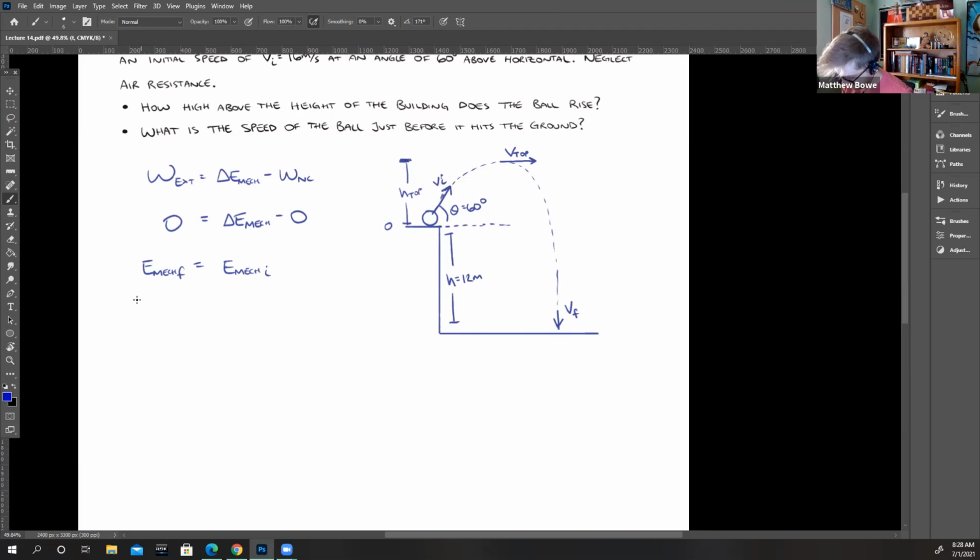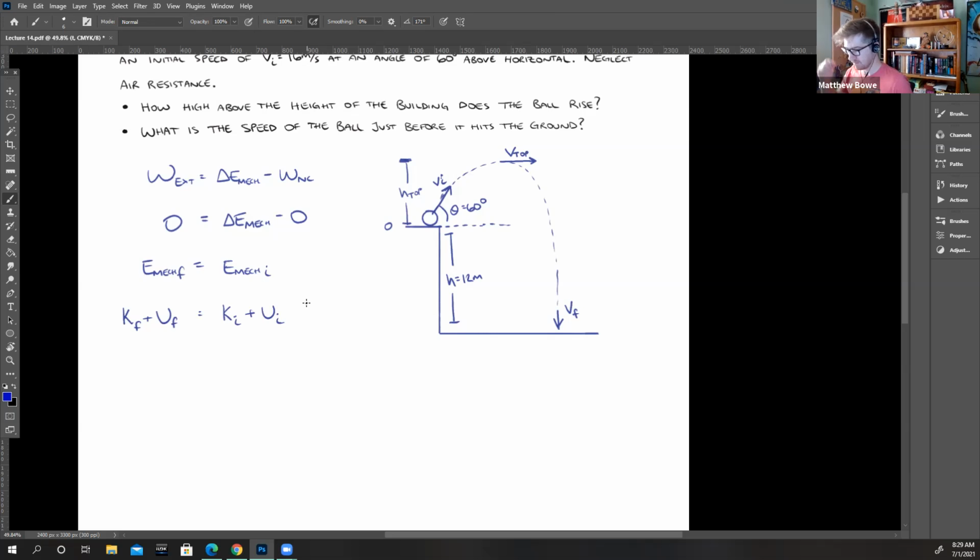This is just saying that the kinetic energy final, plus the potential energy final, is equal to the kinetic energy initial plus the potential energy initial. That's all it's saying.